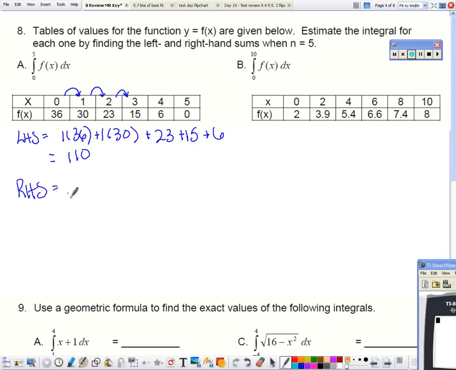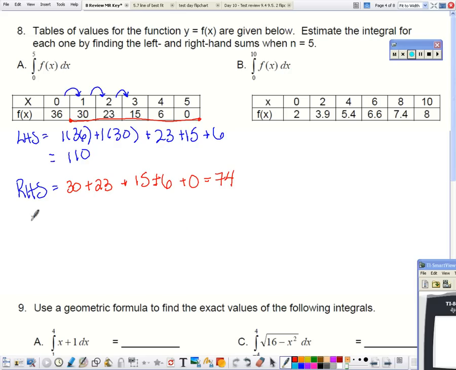The right-hand sum, that starts here and goes all the way to the right. So it's 30 times 1 plus 23 times 1 plus 15 times 1 plus 6 times 1 plus 0 times 1, which is 74.